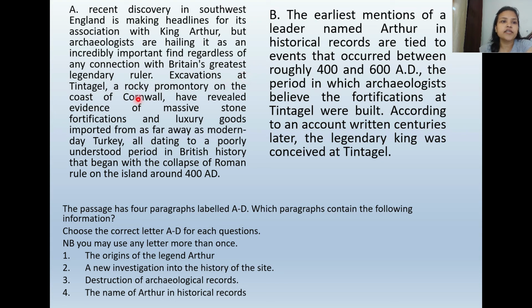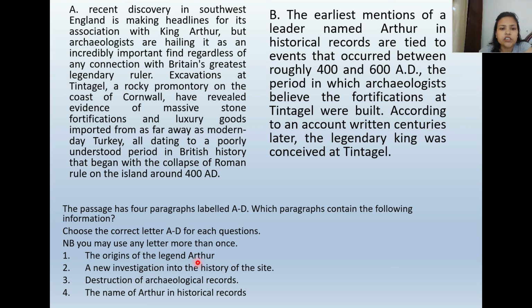Excavations at Tintagel, a rocky promontory on the coast of Cornwall, have revealed evidence of massive stone fortification and luxury goods imported from as far away as modern-day Turkey, all dating to a poorly understood period in British history that began with the collapse of Roman rule on the island around 400 AD. Okay, this is talking about the king, the excavation, what the archaeologists said.